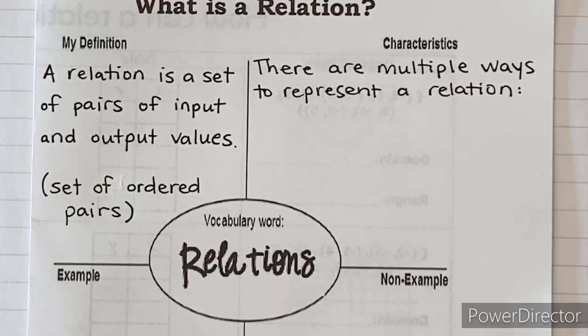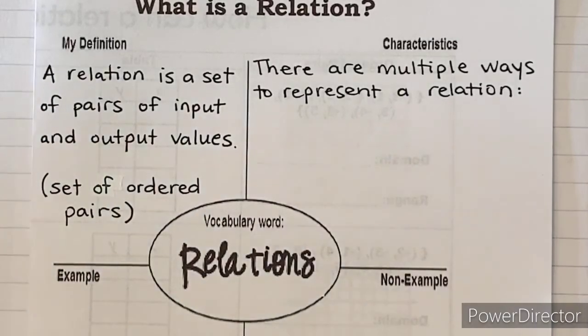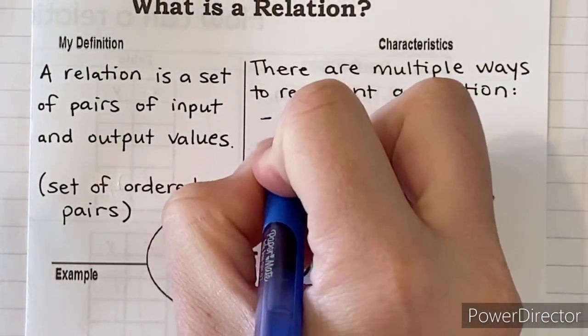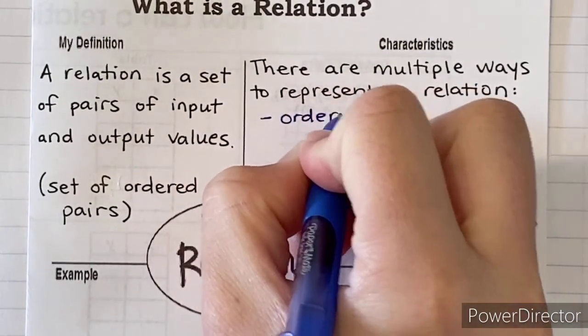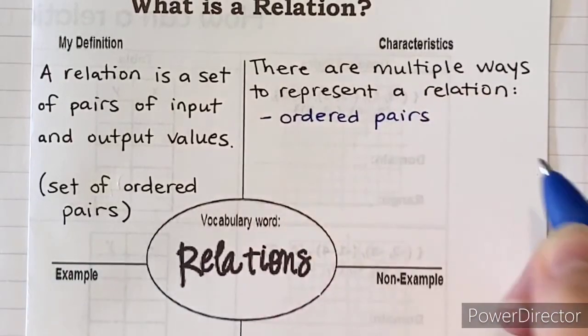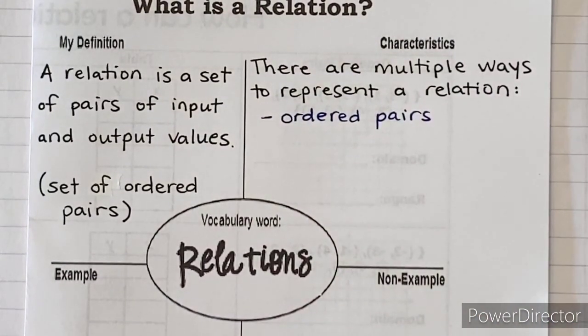There are 4 that we're going to talk about specifically. And we're going to write those down. Okay, the first one are the ordered pairs that I was talking about. So we have ordered pairs. Just a set or a list of ordered pairs is one way.